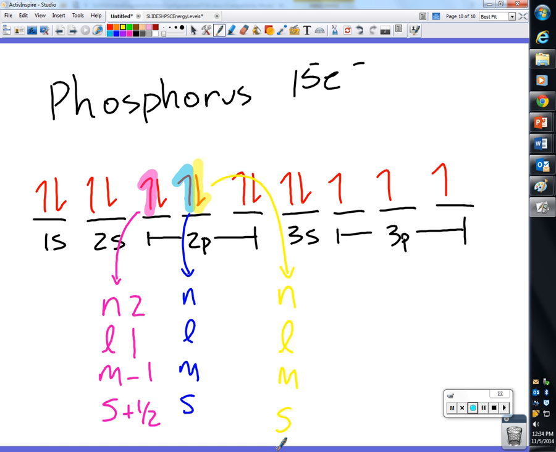M would be positive 1 and S would be -1/2. On the yellow one, M would be positive 1, and then S is -1/2. Yeah, we got that right. Okay. We got that. All right.